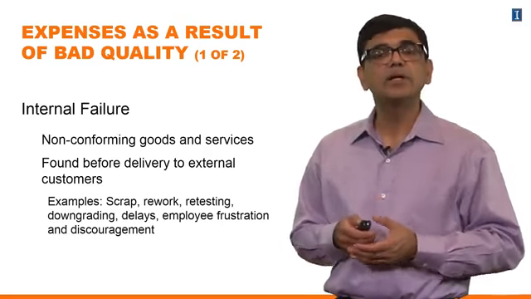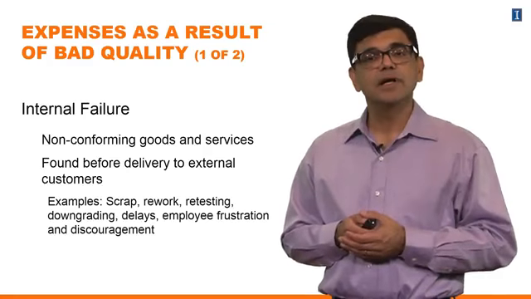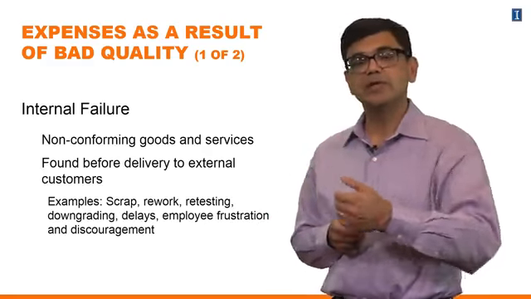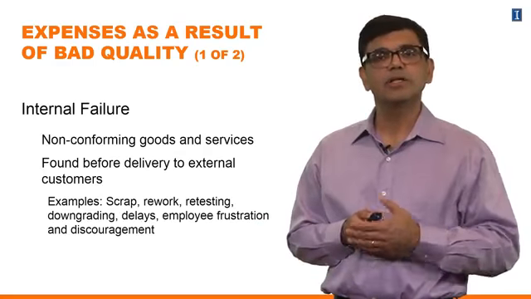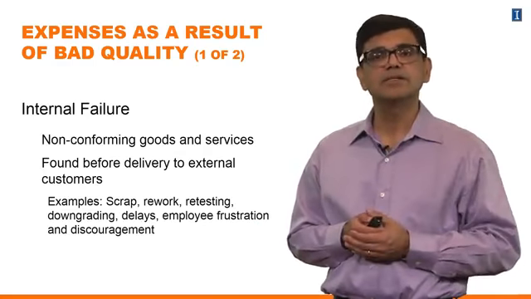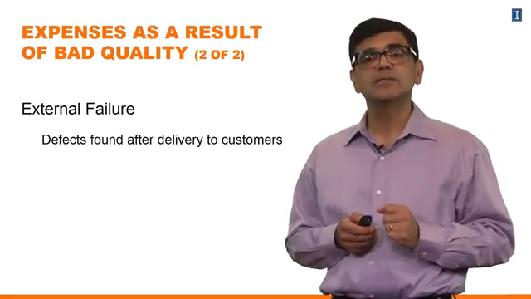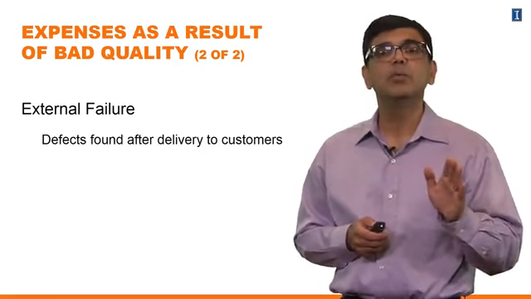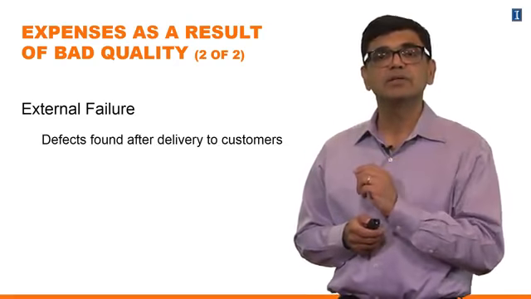And then you can also include in that the frustration that employees have to face when product is being delayed for the customer, or when bad quality product is something that they're dealing with in terms of delivering to the customer. And finally, the ultimate in terms of bad quality costs, and something that should be completely avoided from a cost of quality perspective, is this notion of external failure.